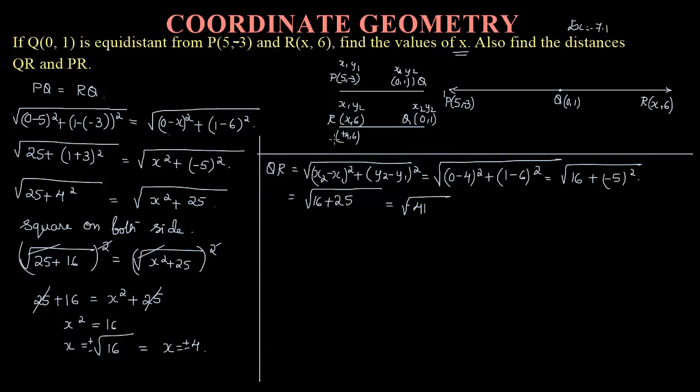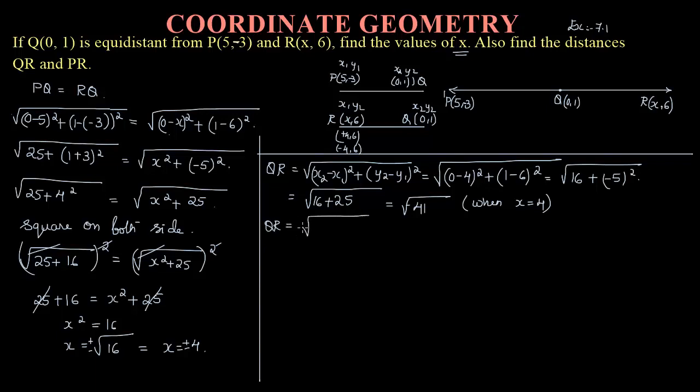Now QR you have found when the value of x was positive. Now we will find the value when x is negative, that is minus 4 comma 6, right? Now QR, let me write here, when x is equal to 4, this answer you have got.